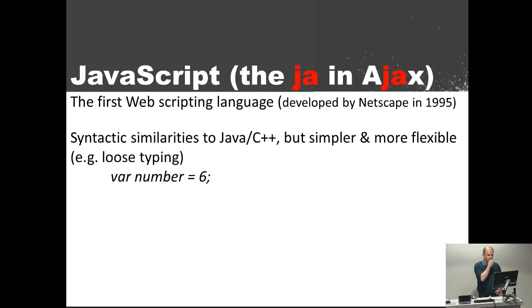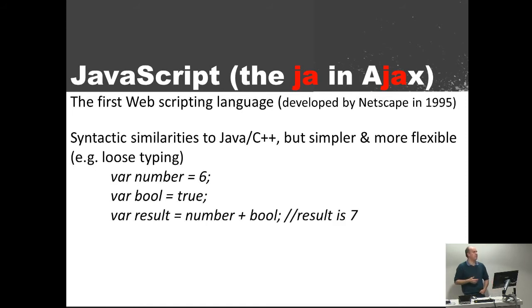So for example, if you have a variable with a number and a variable which is a Boolean, JavaScript would be very happy to add the two. Okay? It will say, yeah, true is 1, false is 0. So if I want to add a Boolean to a number, yeah, I know how to do it.